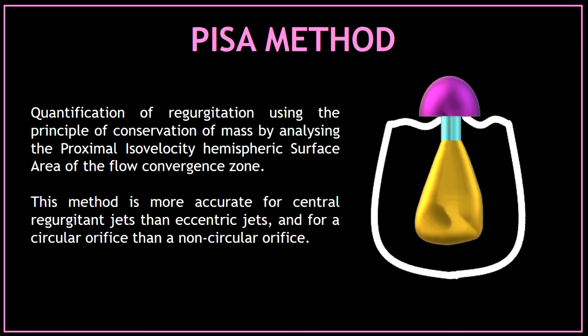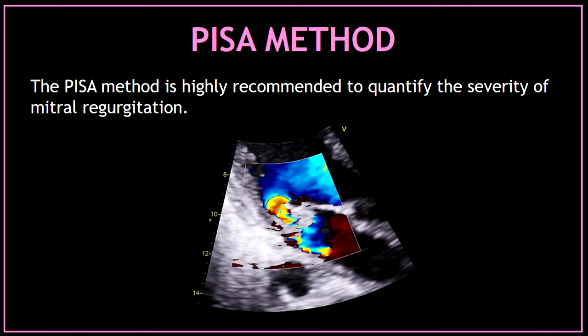This method is more accurate for central regurgitant jets than eccentric jets, and for a circular orifice than a non-circular orifice. The PISA method is highly recommended to quantify the severity of mitral regurgitation.